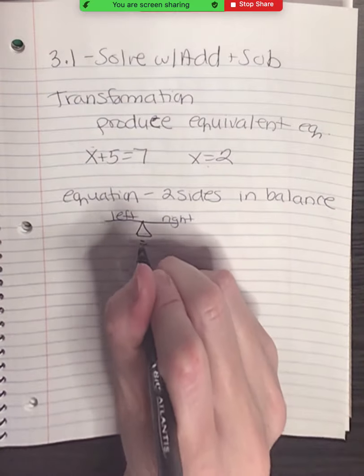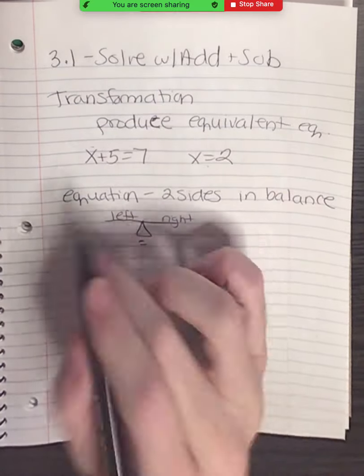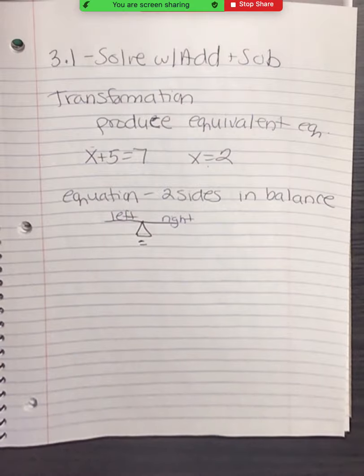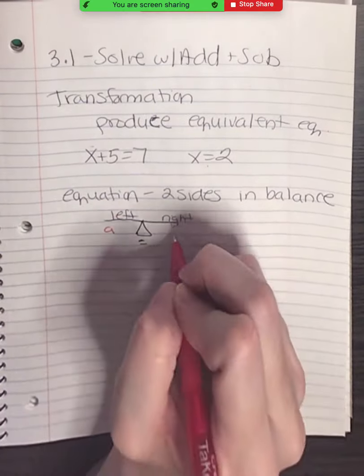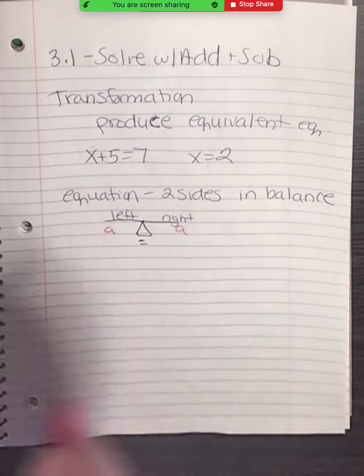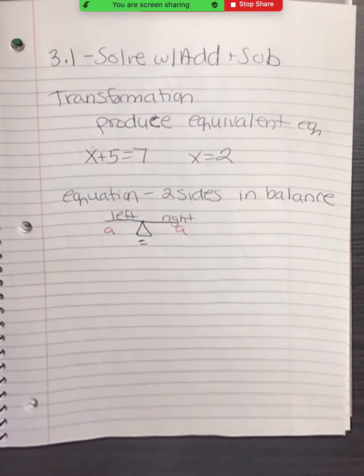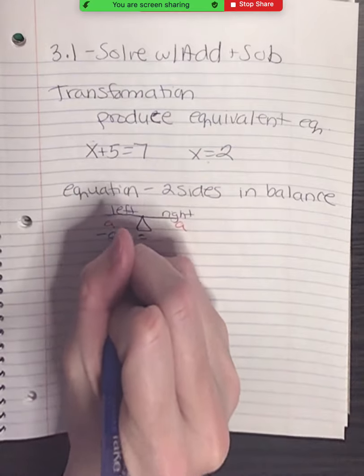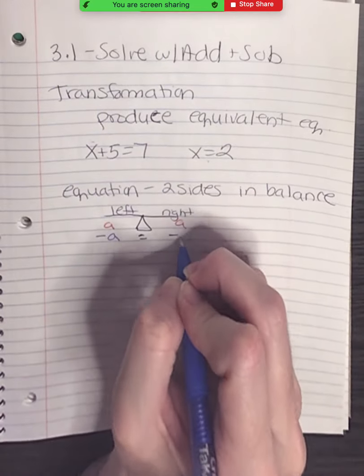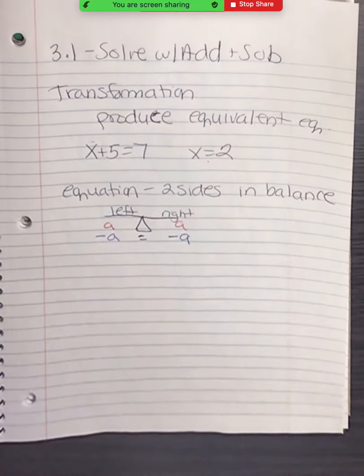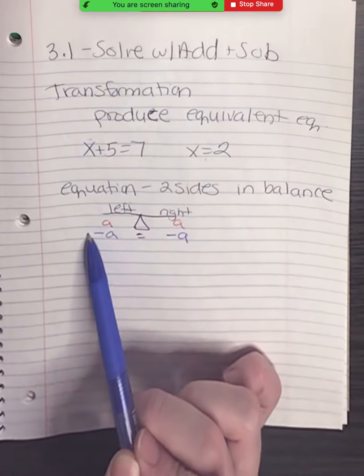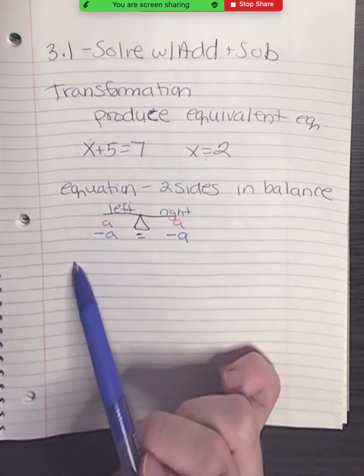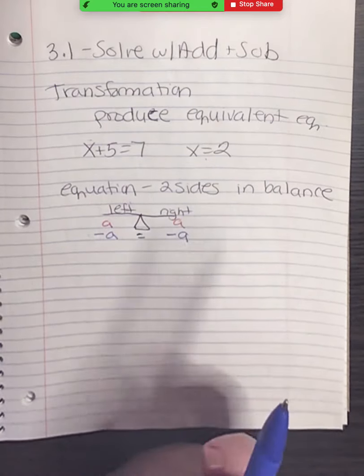So whatever I'm gonna do to the left, right, if I am at the grocery store and I add an apple, then I have to add an apple to the other side to keep it balanced, okay? If I take that apple away, then I wanna take the other apple away because I wanna keep it balanced. Or a teeter-totter, okay? If I put something on the left, it's going to make it go lower than the right. So I need to keep them balanced, okay?